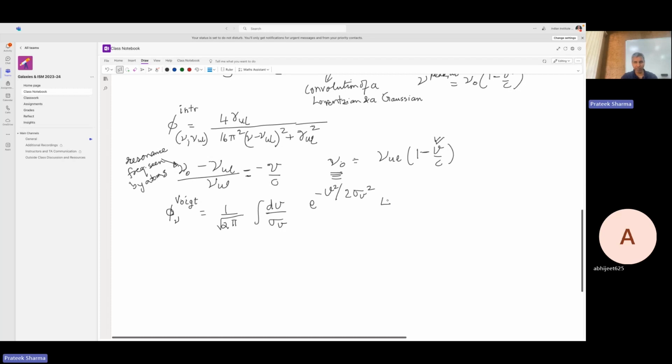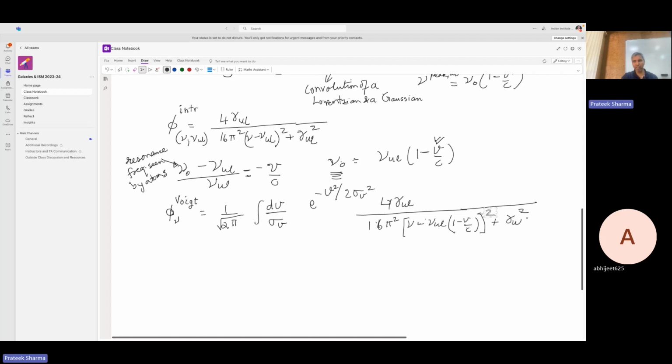And then we have the line profile, the intrinsic line profile: gamma UL by 16 pi squared times nu minus nu UL times 1 minus v by c, the whole squared, plus gamma UL squared.